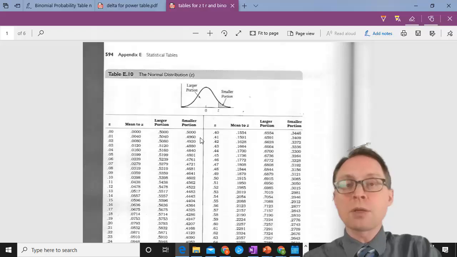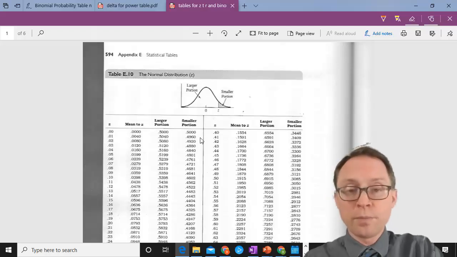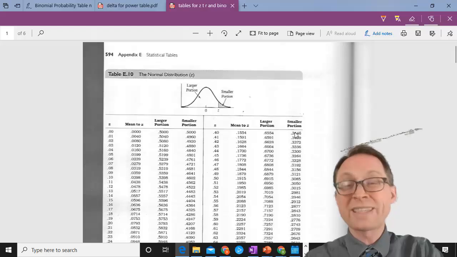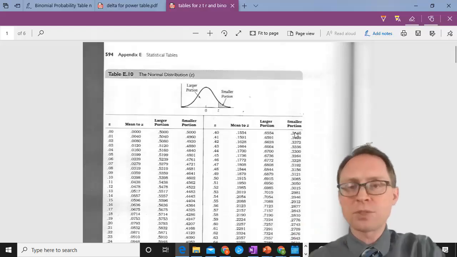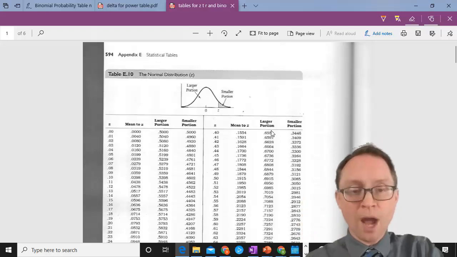Now, in this particular case, we do not look up the critical value like we normally do, because the smaller portion, that area right there, that's the probability that we would need to do. So we're looking for a z of the critical value, but we're looking for 0.05 in the smaller portion, except it's a two-tailed test. So we need to split that 0.05 into two tails. That means we need to look up 0.025.